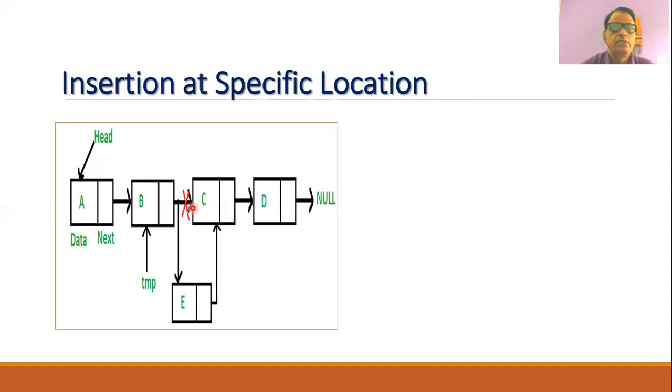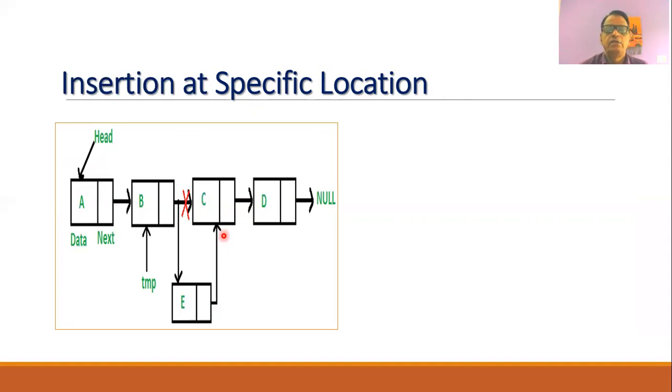Then you should make a break in this link in such a way that you create some new node, and then the pointer value of the second element, that is the element previous to where you want to insert the new element, should be set to the new element, and then the pointer value of the new element should be set to the next element.